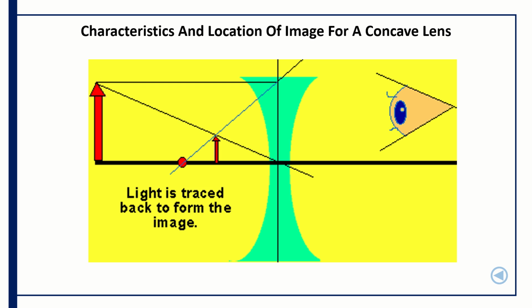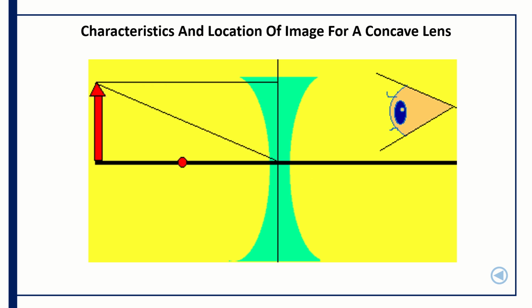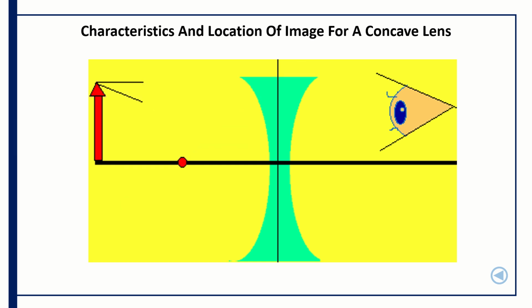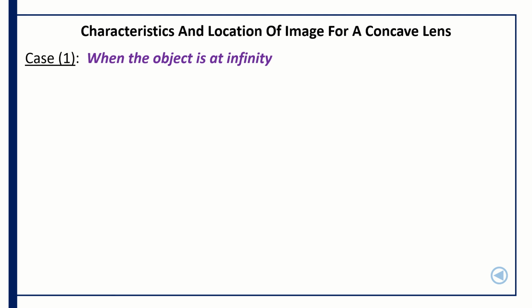Now let's try to understand the concave lens. In case of a concave lens, again we'll consider the 3 principal rays and try to get the image formation by the concave lens.